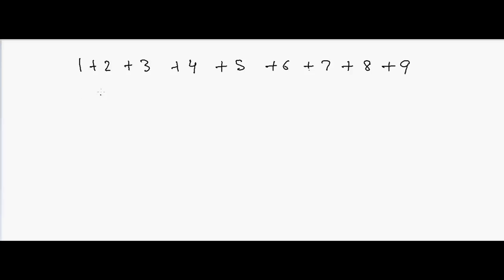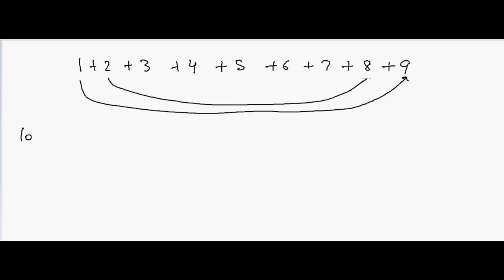If we look carefully, we can add 1 and 9 here, so we'll get a 10. Then we can add 2 and 8, so we'll get another 10. Then 3 and 7, another 10.